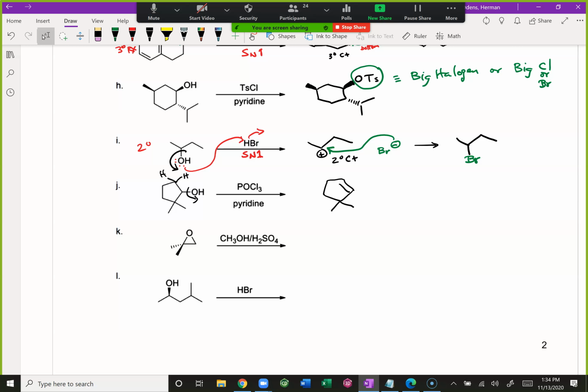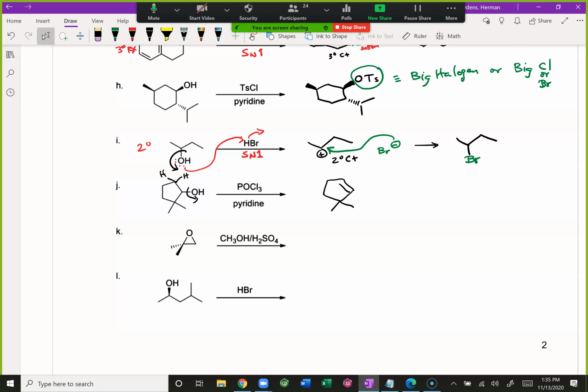All right. So the next example is the following. So ring opening of an epoxide again. What kind of conditions do we have here? Acidic or basic? Acidic.